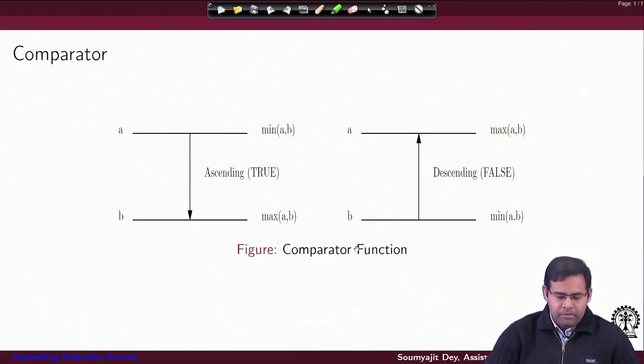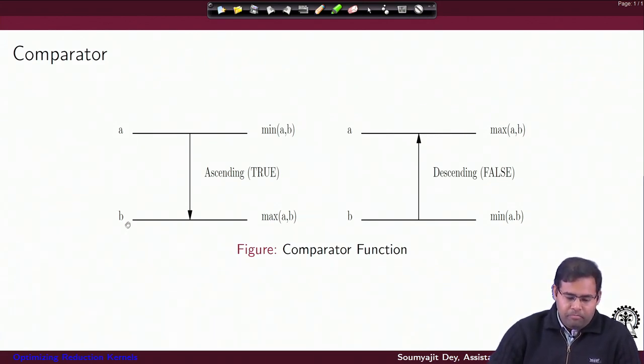Let's take an example of what we mean by this comparator operation. These are my wires running from left to right. They are being provided with these inputs A and B, and this symbol, this arrow pointing downwards, is telling me that the comparator circuit is going to compare and find out the bigger value, and it will push the bigger value to the down wire and the smaller value to the upward wire.